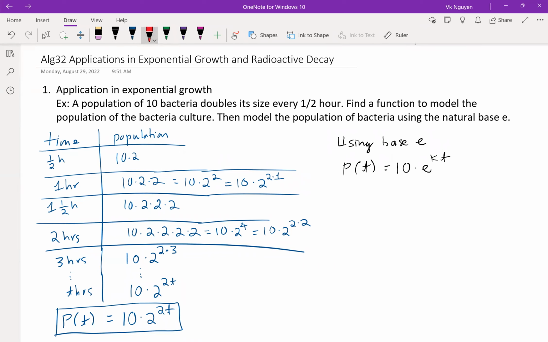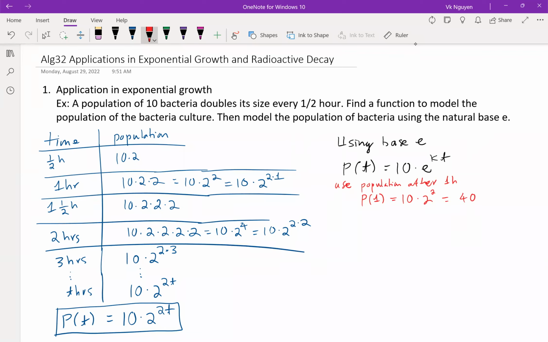So let's use the population after 1 hour. What does that mean? It means that P(1), the population after 1 hour, is 10 times 2 squared, which is 40.